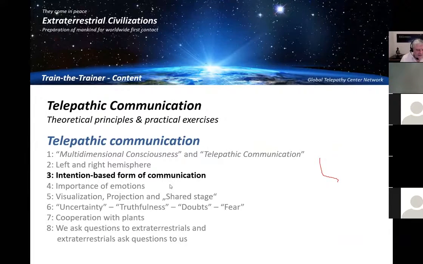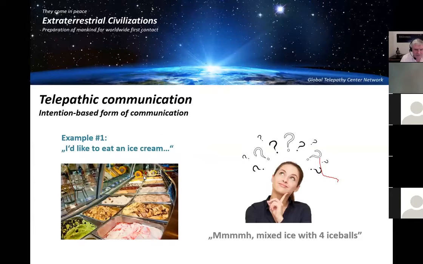So let's go to the intention-based form of communication. To understand what is happening with telepathic communication is, I think, best described with this example here. Many people then understand why it's very important to think of intention-based communication.